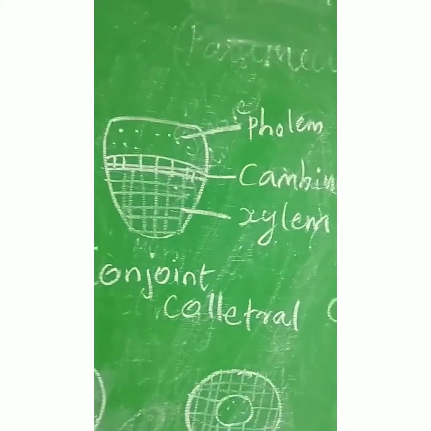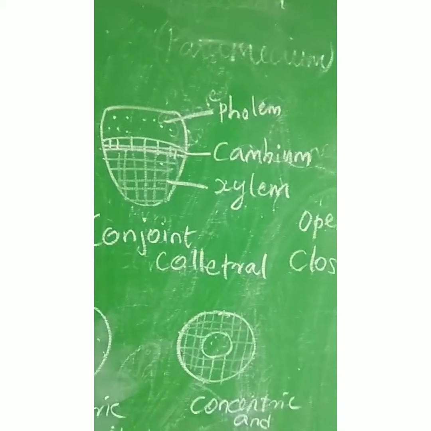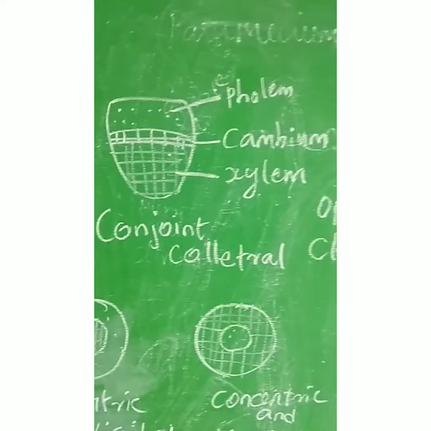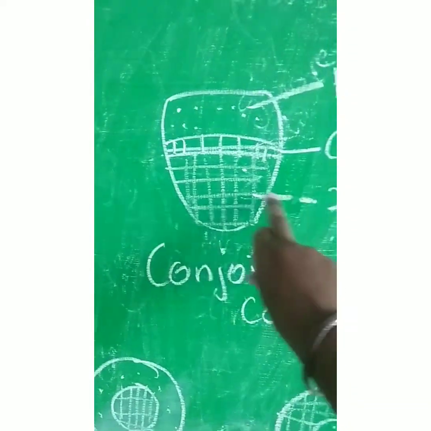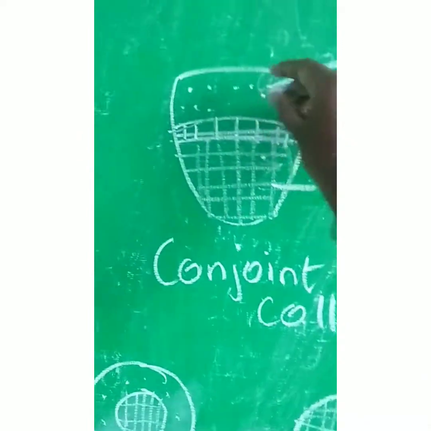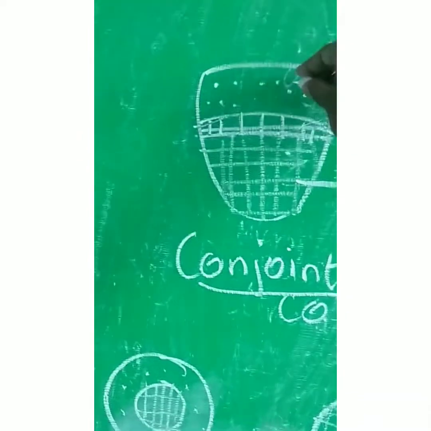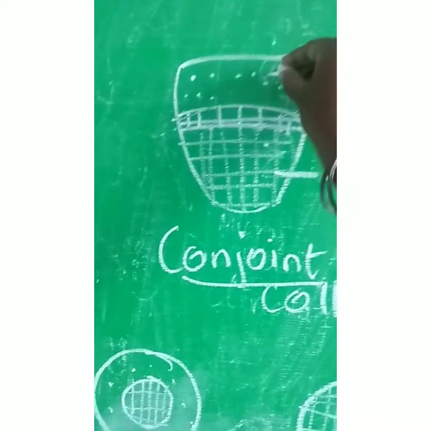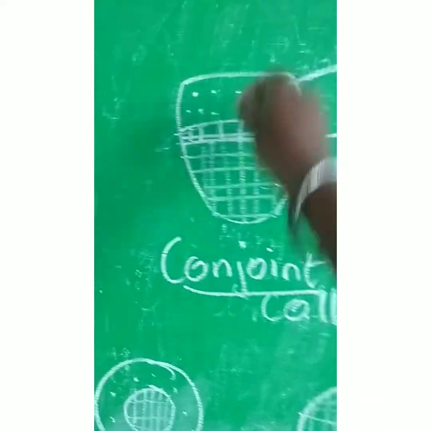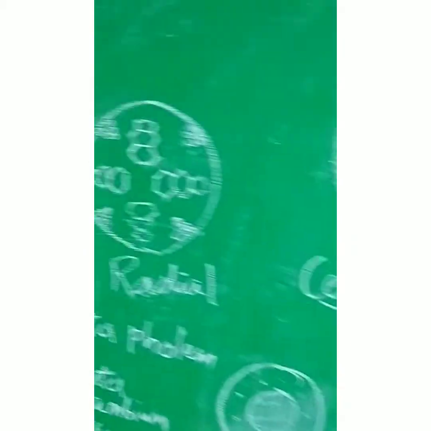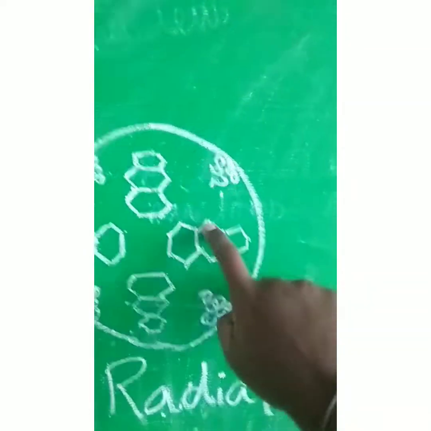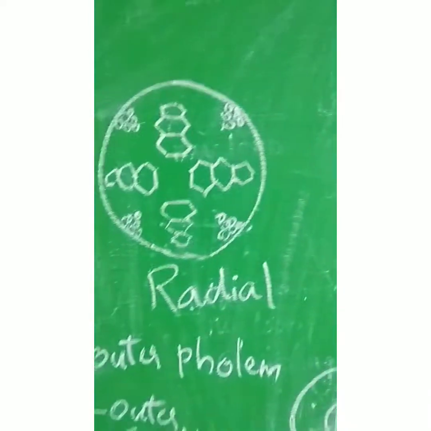In the conjoint collateral, two types are present: conjoint open collateral and conjoint closed collateral. Conjoint means simply the phloem is after the xylem, in the same radius. When xylem and phloem are present in an alternate manner, it is called radial.